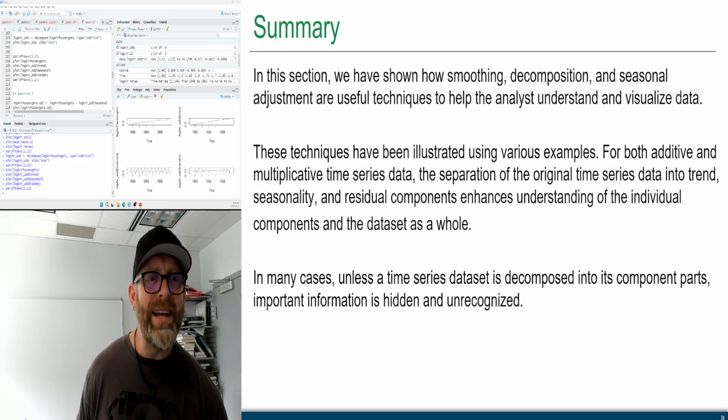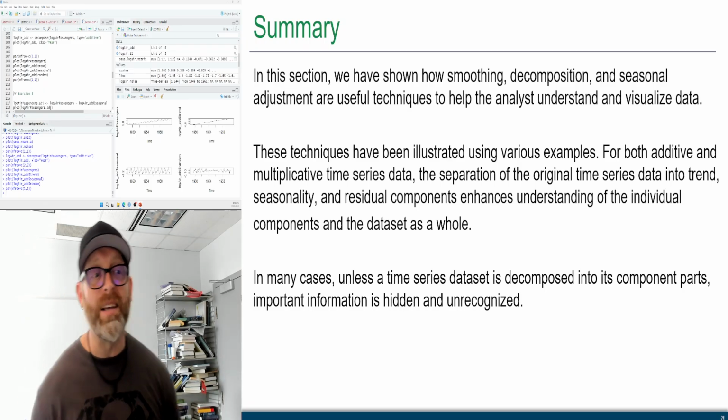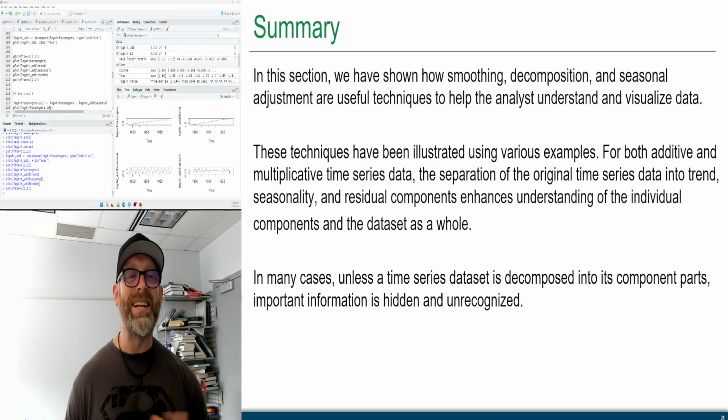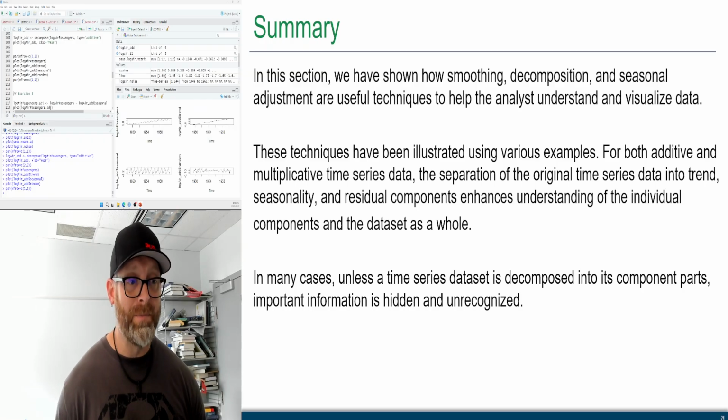So just a couple of notes, and then I'm going to go back and do that last one. In this section, we have shown how smoothing, decomposition, and seasonal adjustments are useful techniques to help analysts understand and visualize data. These techniques have been illustrated using various examples, some that we've simulated, some that we have not. For both additive and multiplicative, well, we haven't really done the multiplicative, but if you understand the additive, you've got the multiplicative side of this.